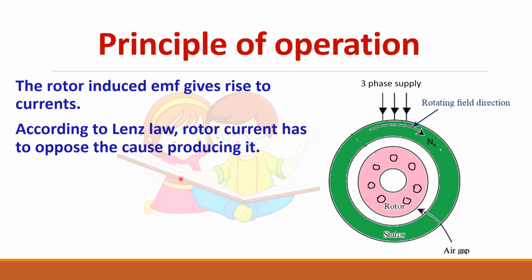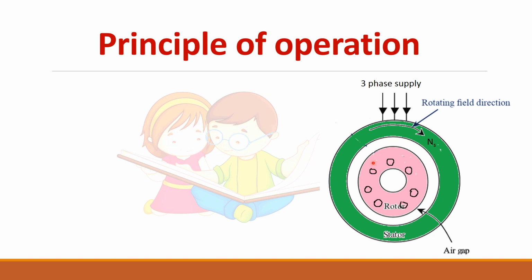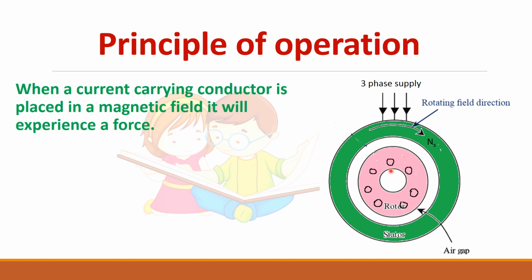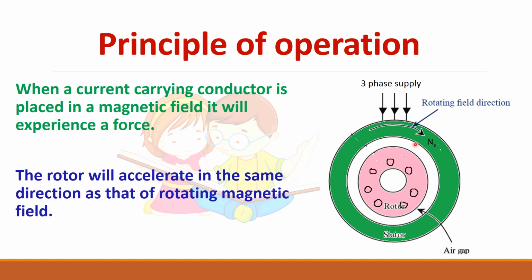The cause producing the rotor current is the relative velocity between the stator field and the rotor conductors, so the rotor will try to rotate in the same direction as the stator field. We can also say that these current carrying conductors are placed in the magnetic field, so they experience a force and start to rotate in the same direction as the stator field.